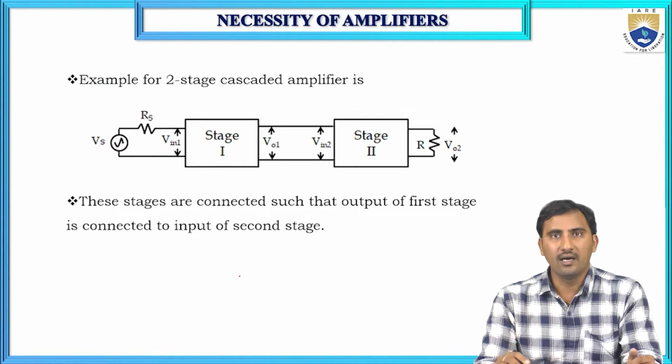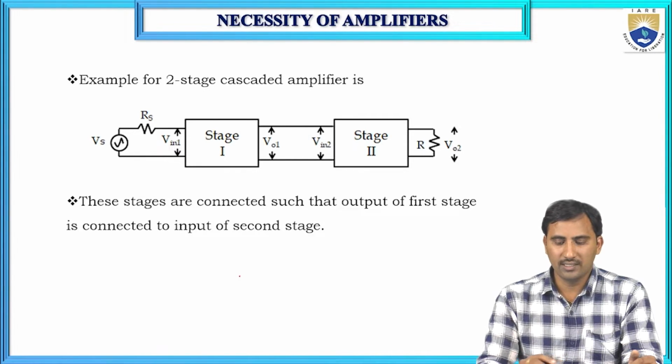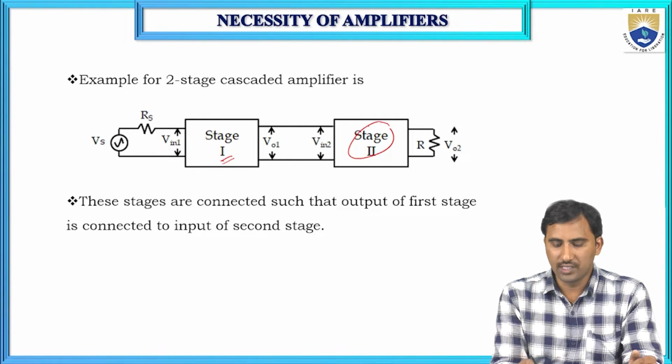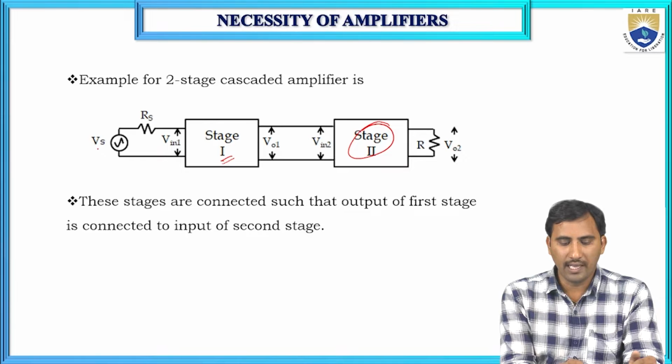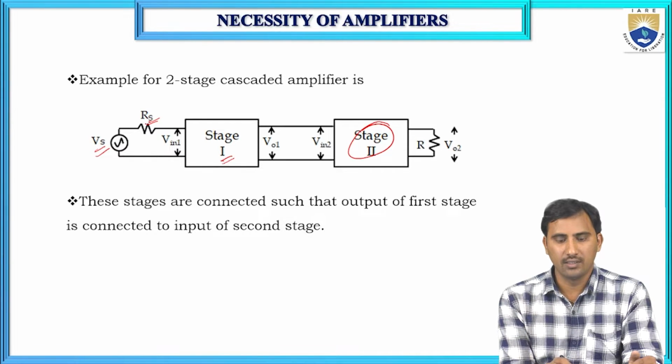And here you can see the cascading of a two-stage amplifier. Here you can see the two stages. This is stage 1 and this is stage 2. We have applied an input signal Vs, and Rs is the source resistance. Every source has some internal resistance, which we are representing with Rs.